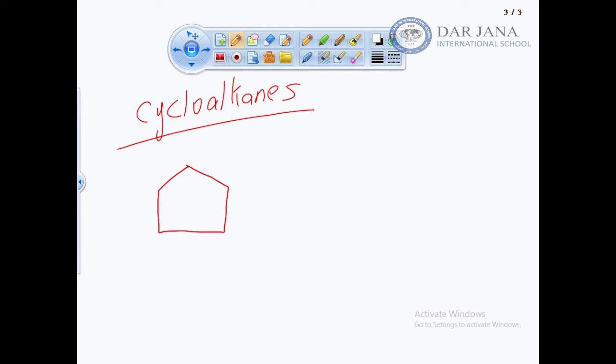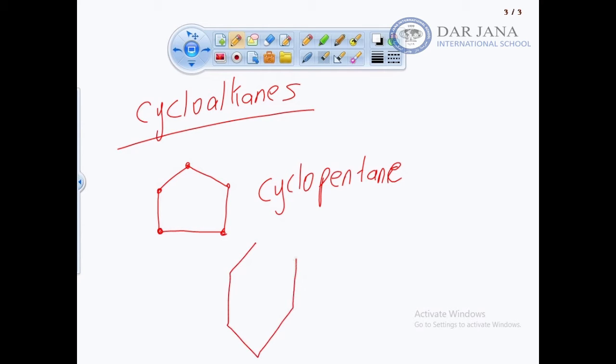This is called cyclopentane because it contains 5 carbon atoms. 1, 2, 3, 4, 5. This one is cyclohexane because it contains 6 carbon atoms.